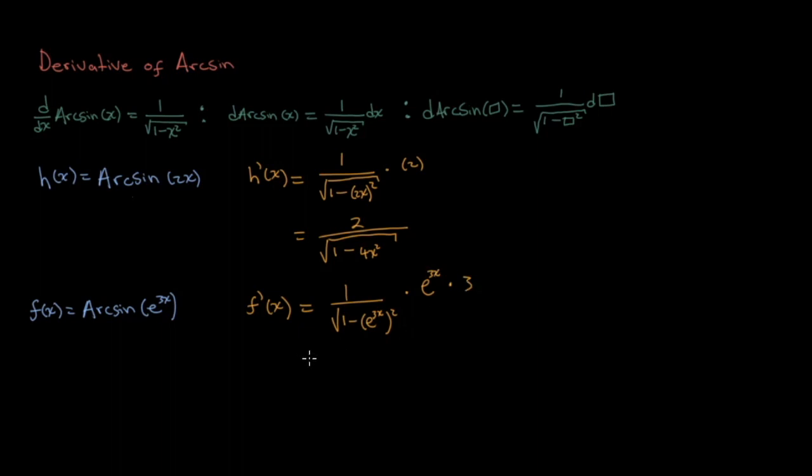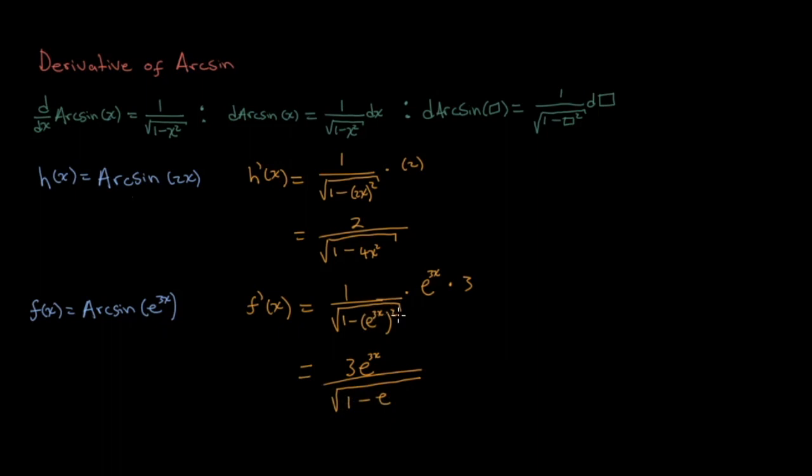We can then simplify the expression, and so we'll write in our numerator 3 times e to the power of 3x, divided by the square root of 1 minus e.